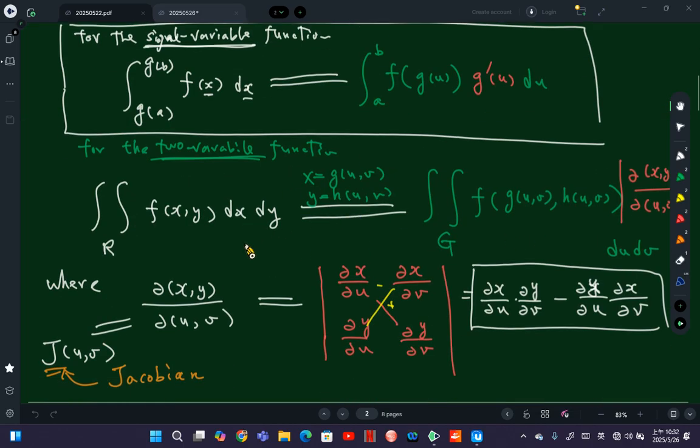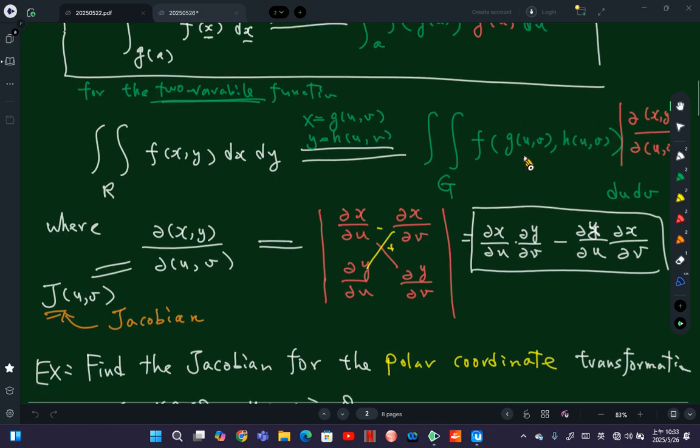Based on the formula here, we can just convert it into a double integral, this time over G, not over R, and the function will be converted as f of g of uv, h of uv.